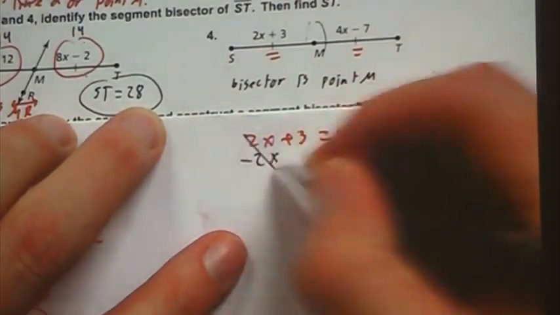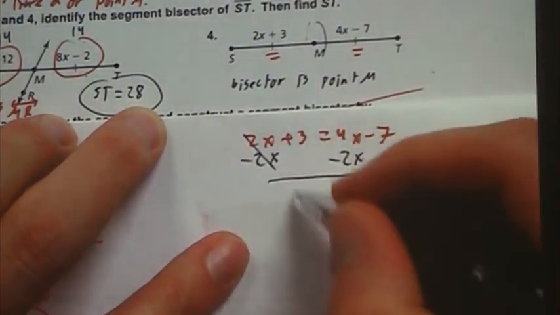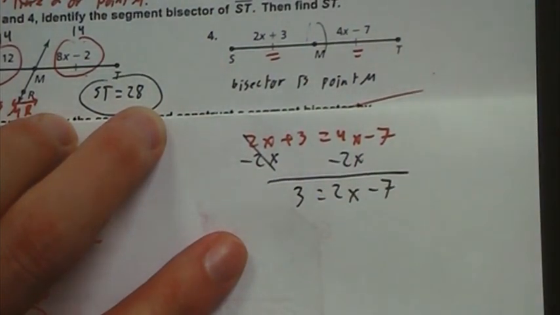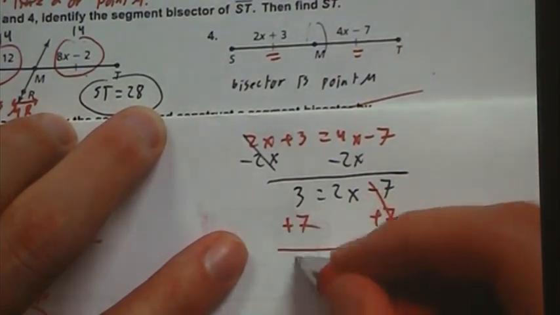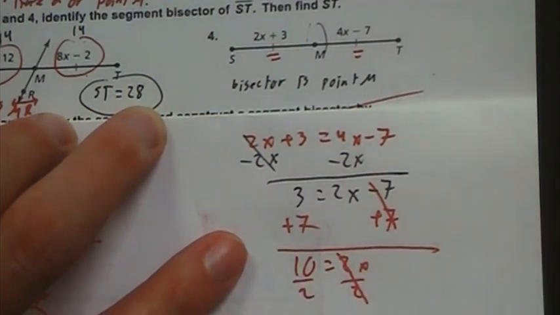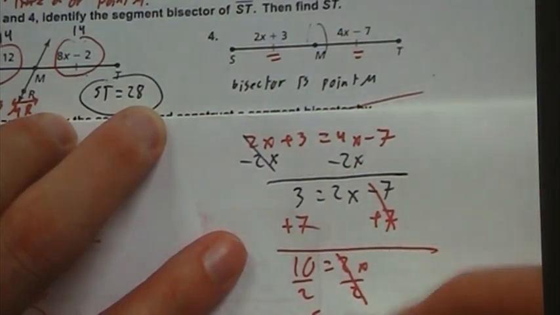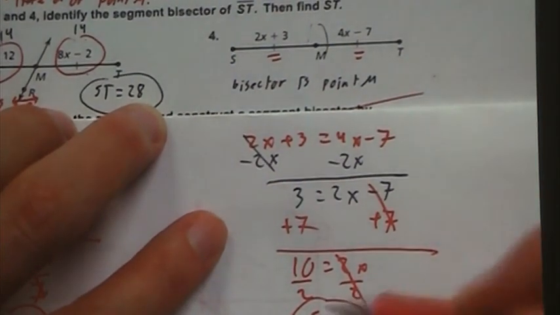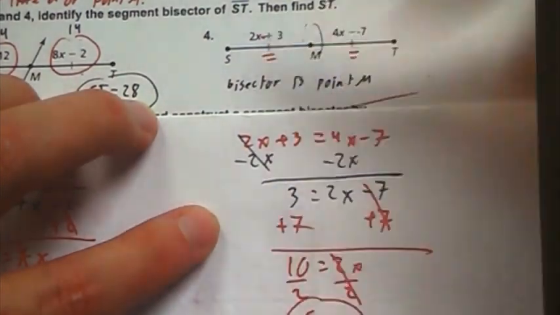Minus 2x both sides. And two-step equation from here. We're just going to do our algebra. And we're going to go to boom. 5 equals x. Remember, we're not quite done yet. We're going to take this x value and substitute it into these guys, or just 1.